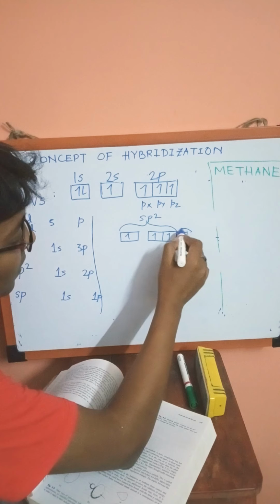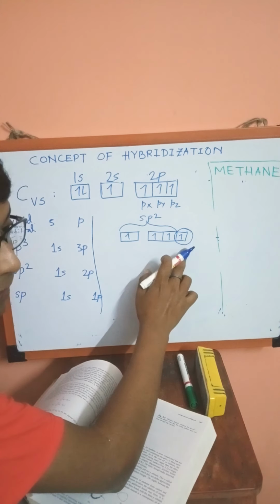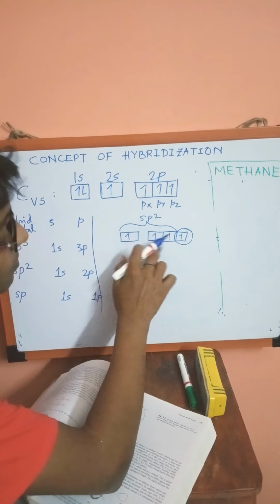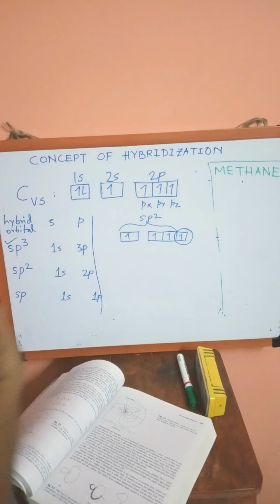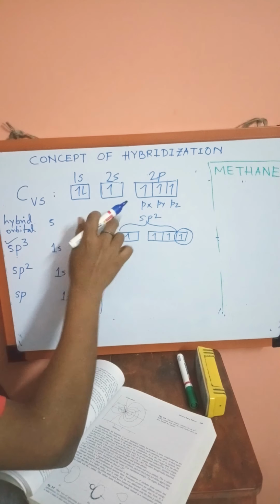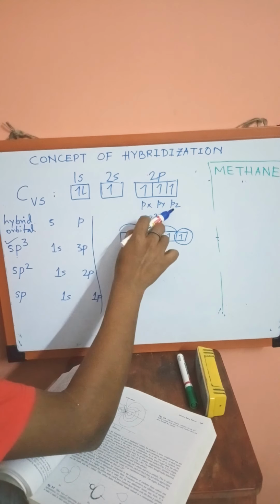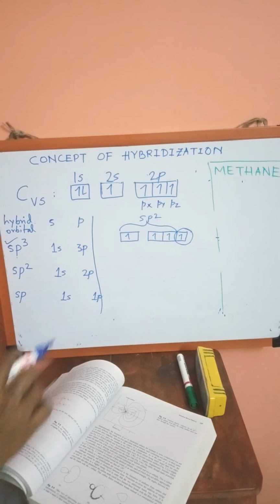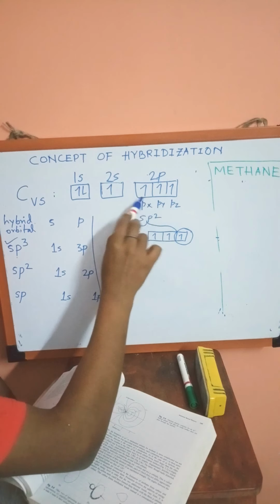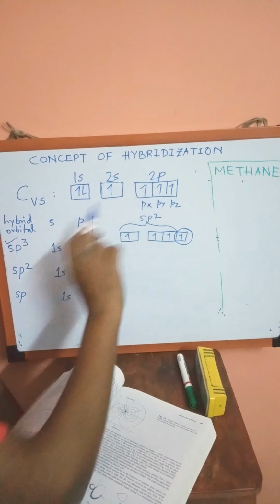The last one will remain unhybridized, that is, it is not going to participate in this mixing process. Now you can ask me, is it necessary for s to mix with Px and Py, or will it mix with Px and Pz? It is not that. As I told you, we have named it in such a way, but you can change the names also. You can give Pz, Py, Px, or Px, Pz, Py, etc.